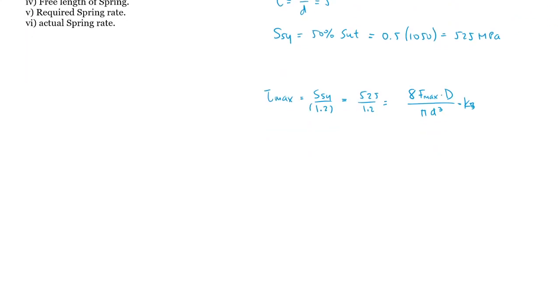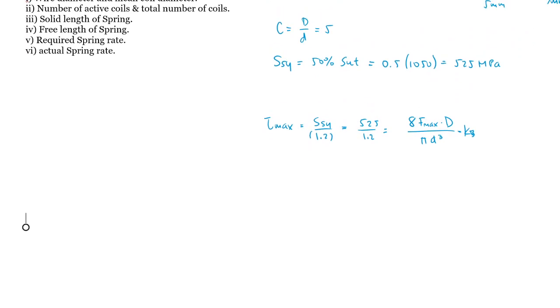I could change that D over d as a C, so 8 F max C over pi d squared, and that KB. 4C plus 2 over 4C minus 3 is the one that we use, I already have the C. So KB would just be 4 times 5 plus 2, 22, divided by 4 times 5, 20 minus 3, 17.